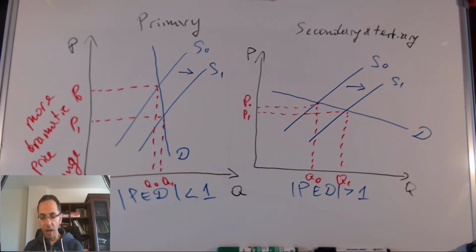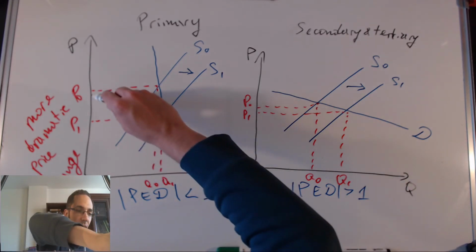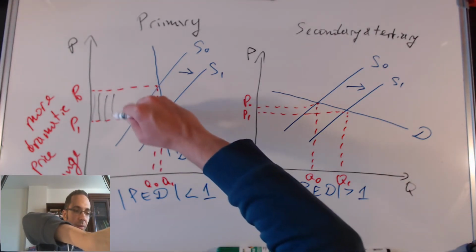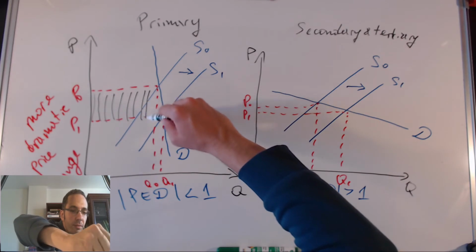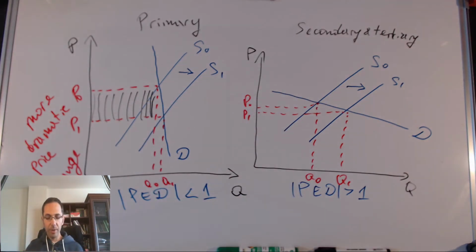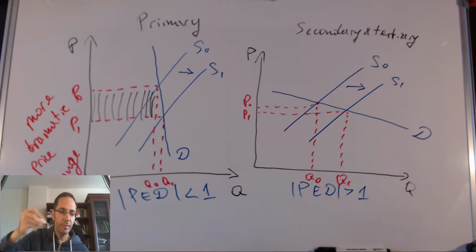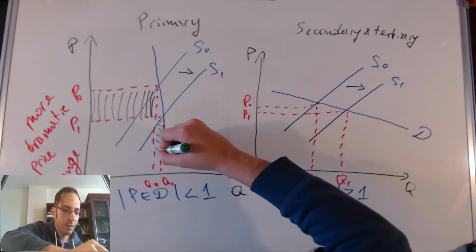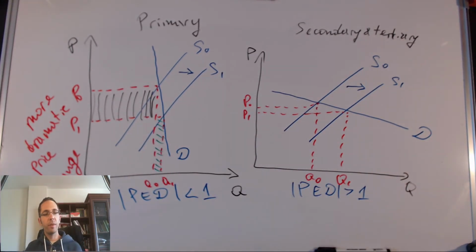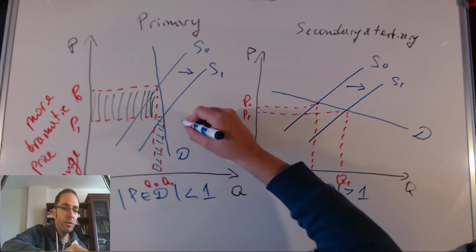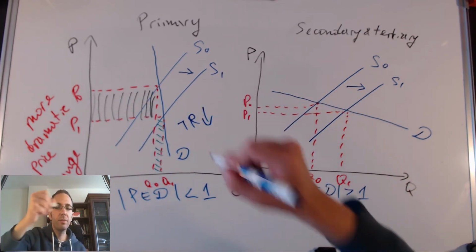Also notice what's happening to the total revenue of these two firms. When we look at the primary commodity, because of the decline in the price, these firms will lose this much of total revenue and will gain this much. So comparing the two areas, we can see that total revenue is falling.